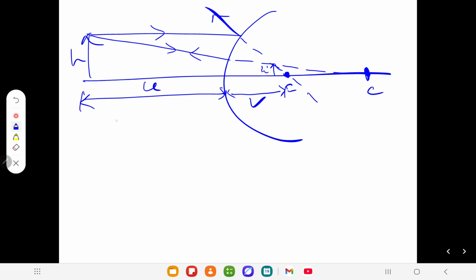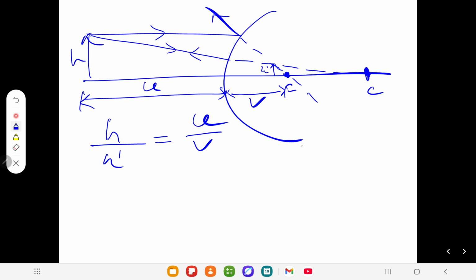So as per the magnification formula, object height divided by image height is equal to object distance divided by image distance. What we want here is the radius, isn't it?